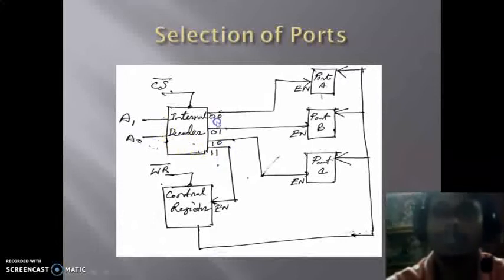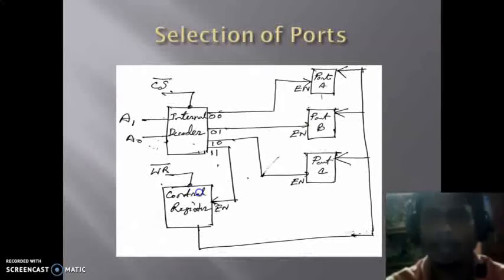By selecting 00 on A0 and A1, we can select port A. By 01 we can select port B. By giving 10 to A1 and A0, we can select port C. And similarly, if we write 11, then we can select the control register. So this is a very important one. Before any operations, we have to write the control word into the control register, so that we can configure the ports as we want.